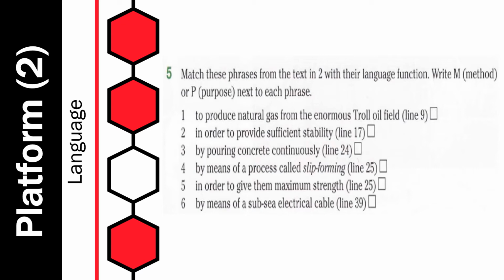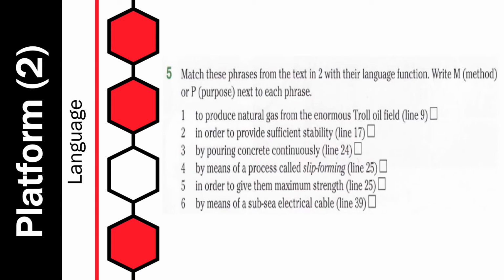Now please, dear students, you can pause the video, read the sentences, and decide whether they express method, so you write M, or they express purpose, so you write P. Thank you so much, my dear students.